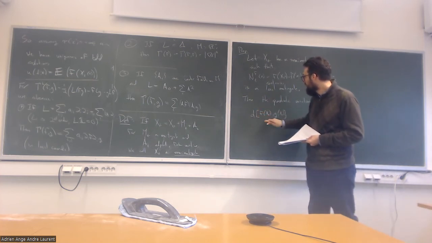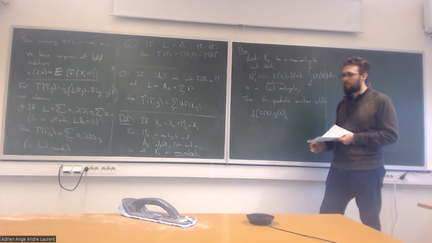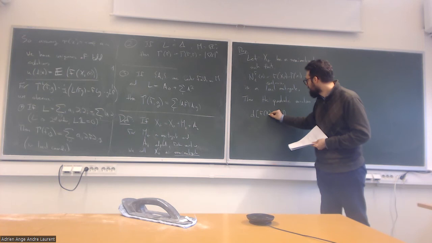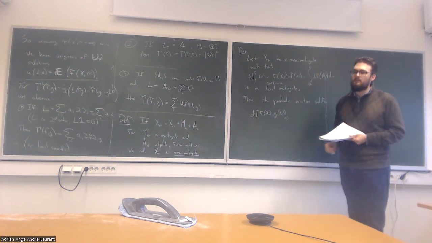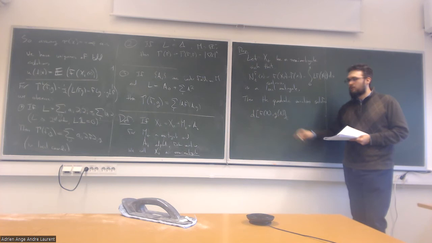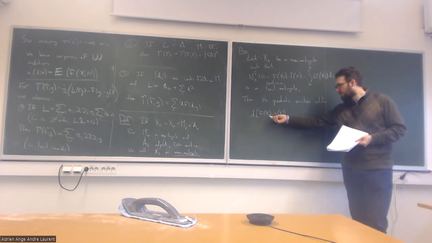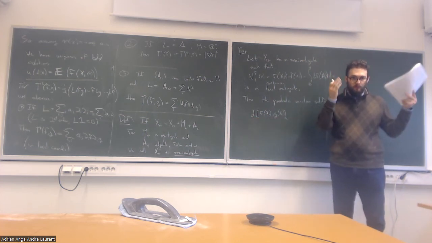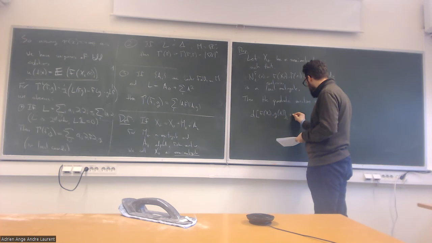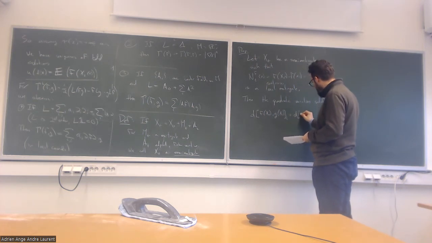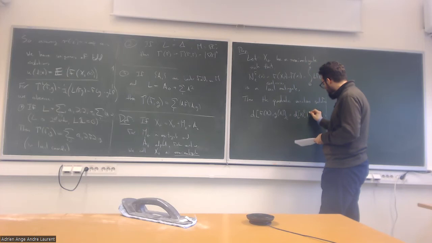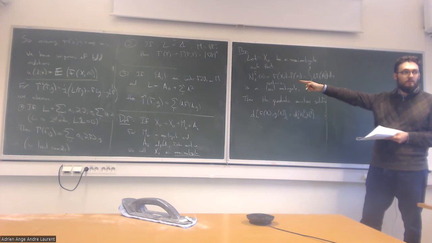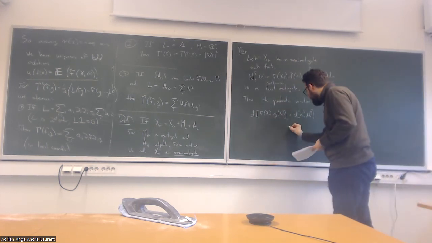So quadratic variation itself is a process. Given some process X, f(X), g(X) are again processes. Their quadratic variation is again a process. This d means we're acting at the level of differentials. Maybe unsurprisingly, this is the same as the quadratic variation for these two processes, but this is the one that we really care about.